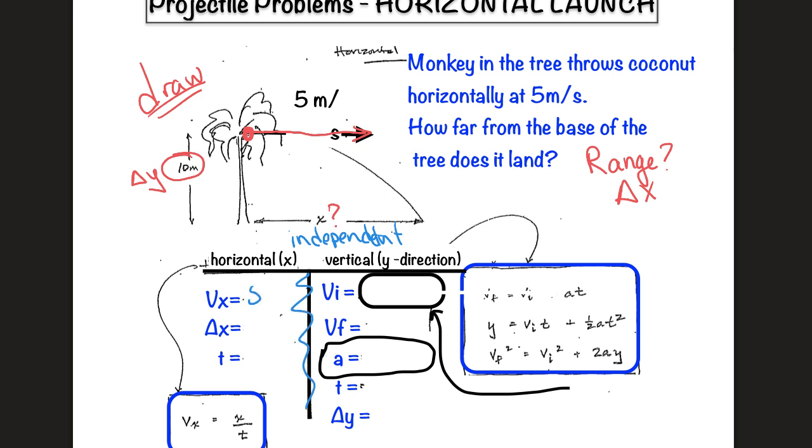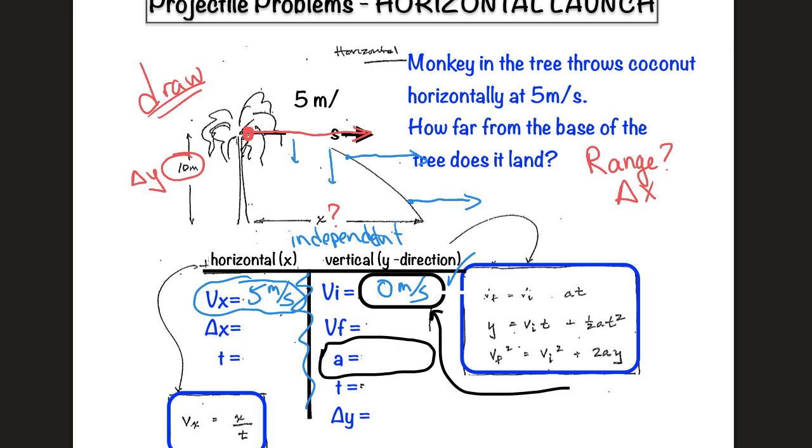So let's put in what we have. We know that the projectile is going to fly at 5 meters per second sideways. It is going to start with a vertical velocity of 0. Now, why is that true? Because all projectiles launched horizontally start with that assumption. There is no vertical velocity at the start. As this thing flies through the air, the horizontal velocity stays constant, but the vertical starts at 0.